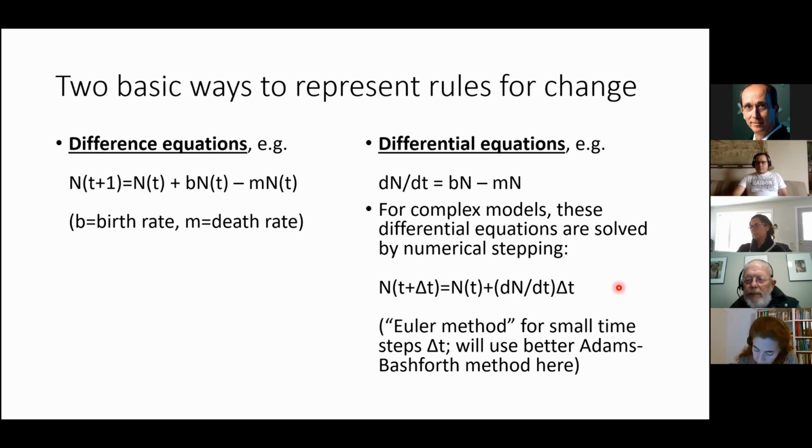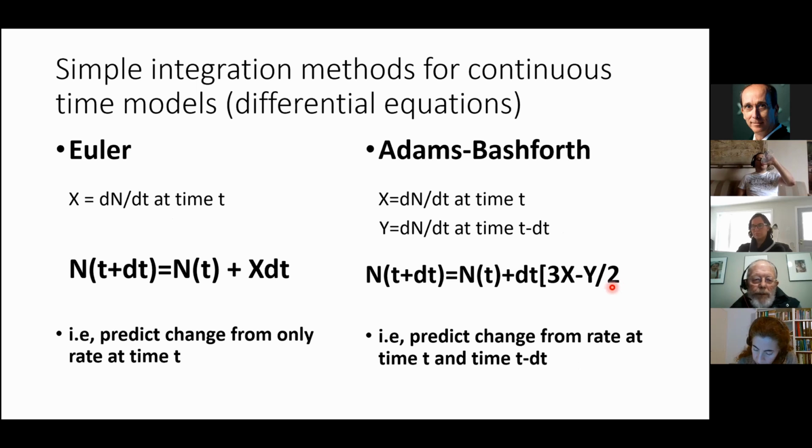It underpredicts change. So instead of using the Euler step, which is to calculate how fast things are changing and then apply that rate for a short time step, we use more elaborate numerical integration methods for solving differential equations.